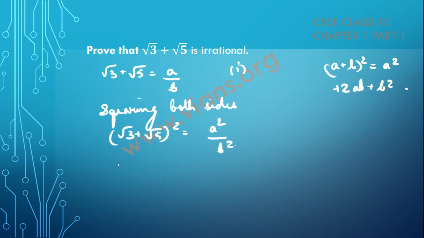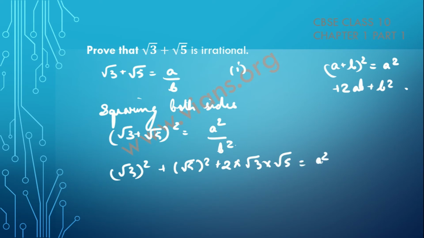And therefore, this can be written as root 3 whole square plus root 5 whole square plus 2 into root 3 into root 5 is equal to a square by b square. So this becomes 3 plus 5, right? 8 plus 2 root 3 into root 5 becomes root 15. You can multiply the numbers within the roots. So this becomes a square by b square.